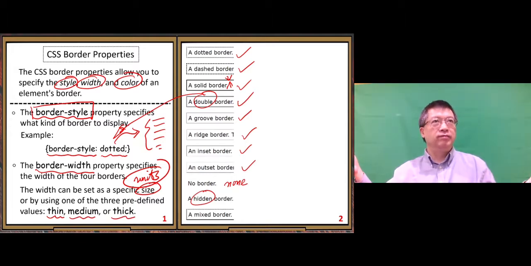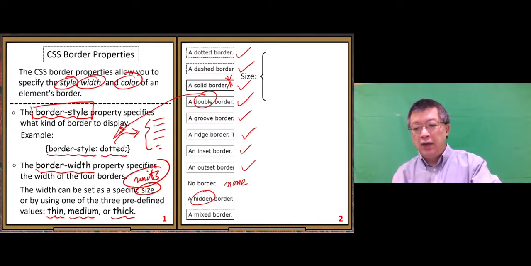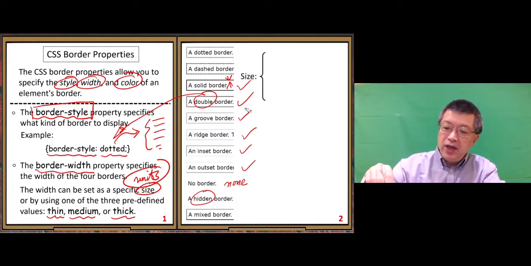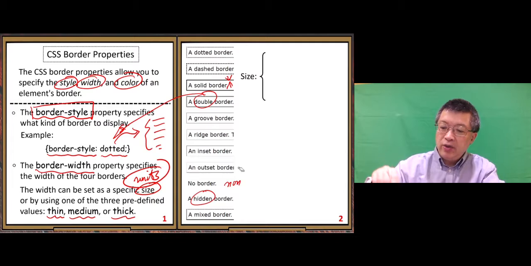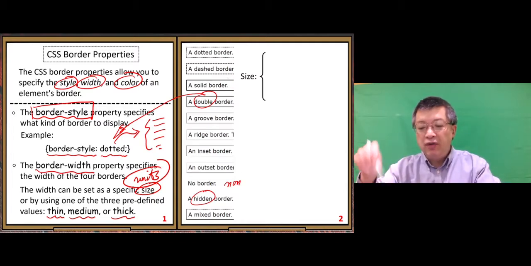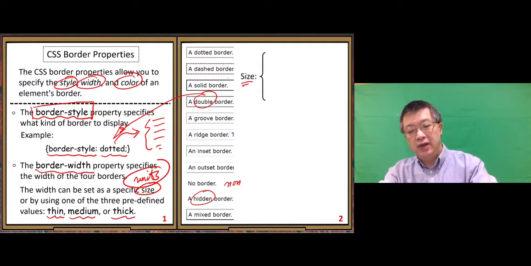Many times it's good enough, right? You do not need a very precise border line. But if you need it, we have many different ways to provide a size.